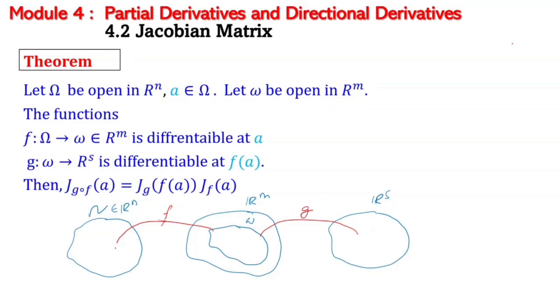If the point A is here, then there will be a point f(A). So this function is going there, this is by f, and from f(A) we have this, which is g. So this is g of f. Therefore the Jacobian for g will be defined at the point f(A).